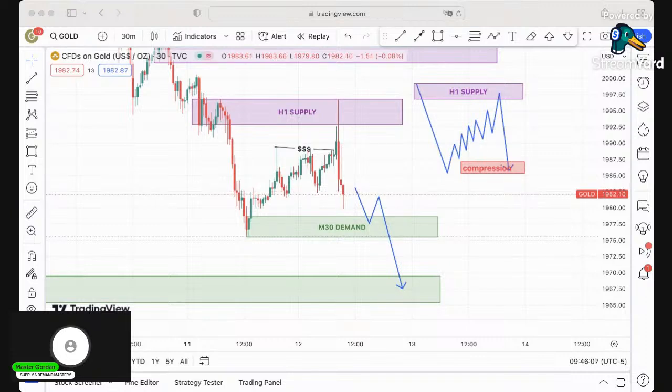But it's good for scalpers. I know we have a lot of scalpers here. For those scalpers who will take this trade, even 30 pips, 40 pips is good enough for them.